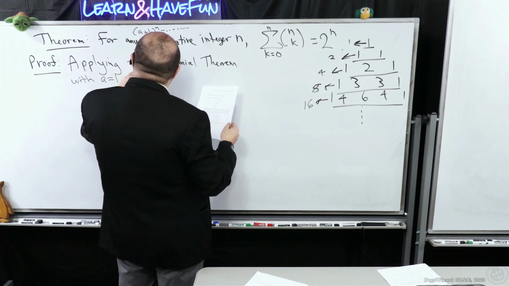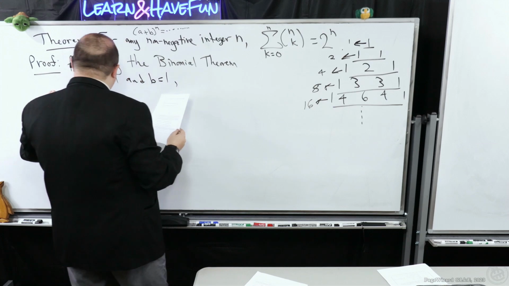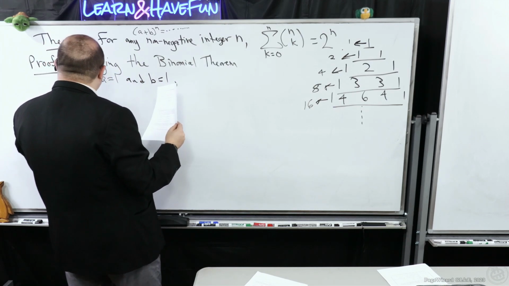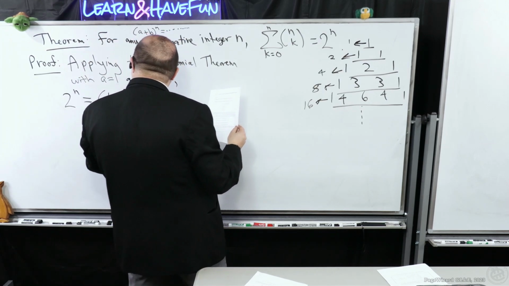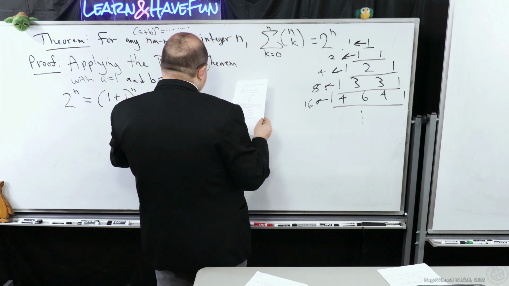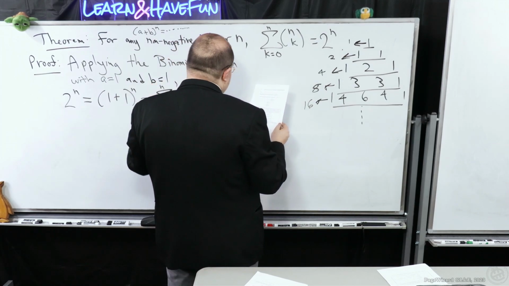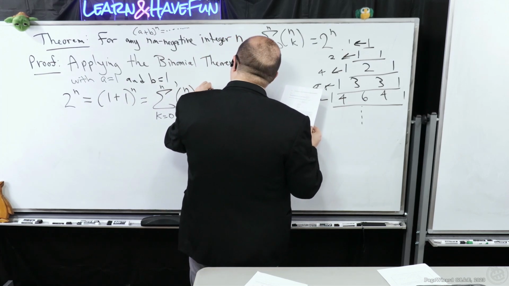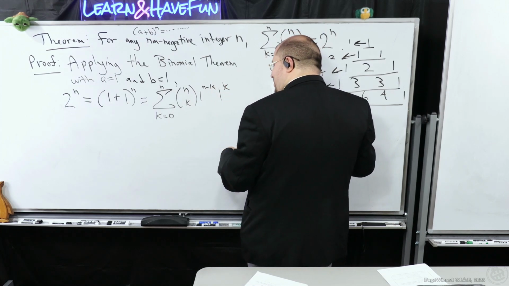With a equal to 1 and b equal to 1, we end up with this. So now, 2 to the power of n, starting on the right-hand side, is equal to (1 plus 1) to the power of n. But this is equal to the sum from k equals 0 to n of n choose k times 1 to the power of n minus k times 1 to the power of k. That's what the binomial theorem says.